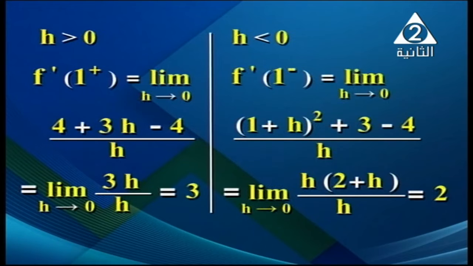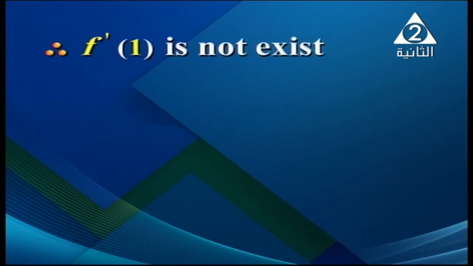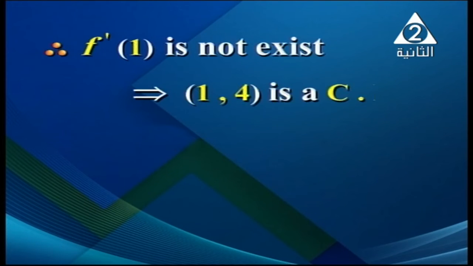When h is more than 0, f dash of 1 positive equals 3. When h is smaller than 0, f dash of 1 negative is 2. What do you deduce? Therefore, f dash of 1 does not exist, because f dash of 1 positive is not equal to f dash of 1 negative. Then 1, 4 is a critical point.